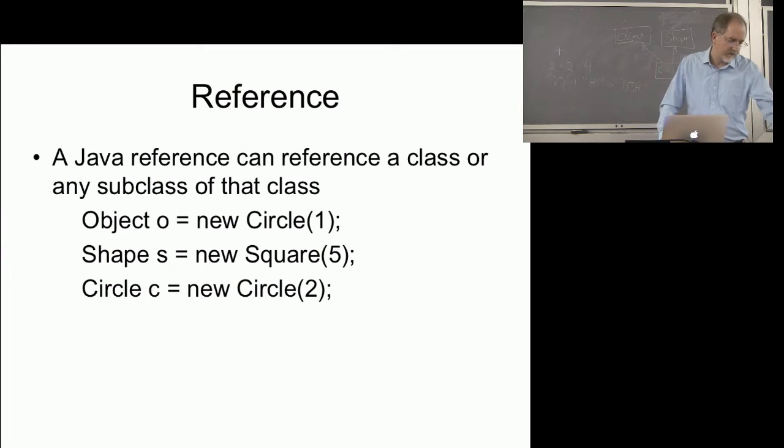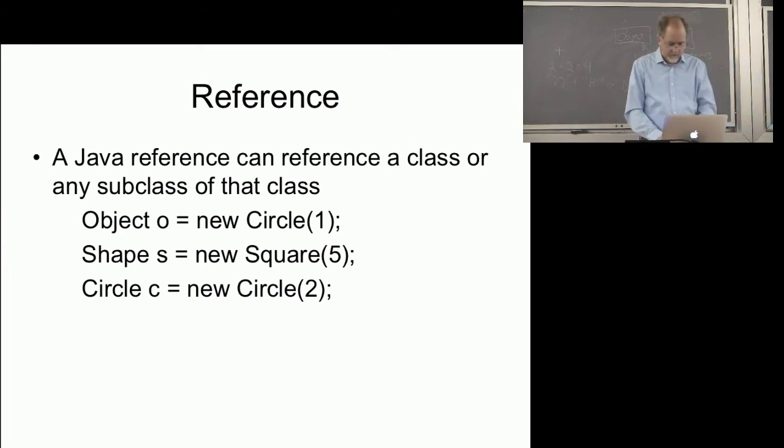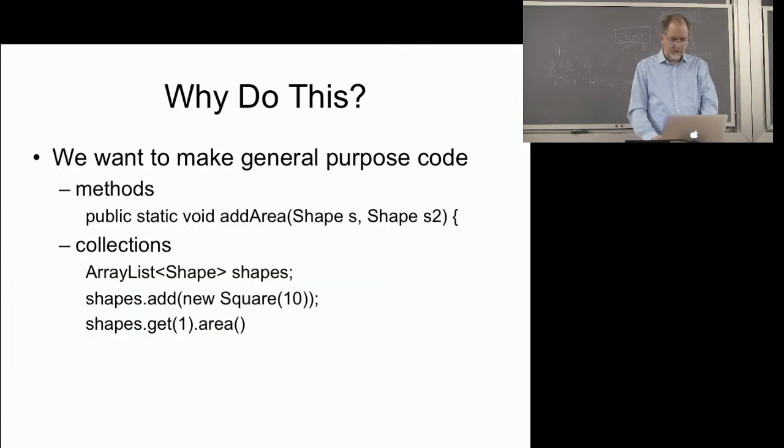for doing different things. So, for example, let's say we make an array list of shapes. Okay? Our array list of shapes can hold a new square. You can also add a new circle to it. So our array list all of a sudden is not just holding one kind of thing.